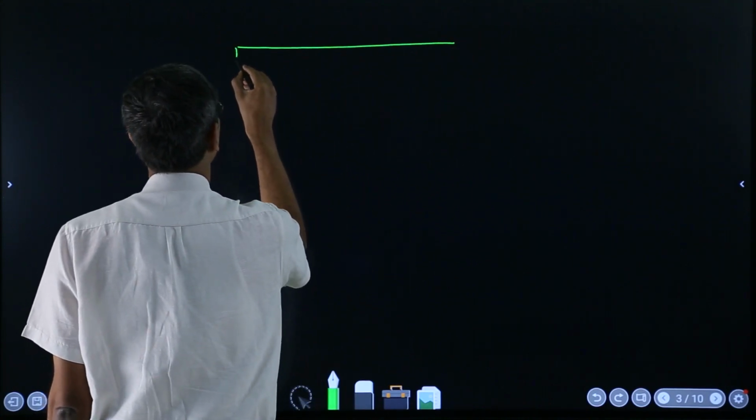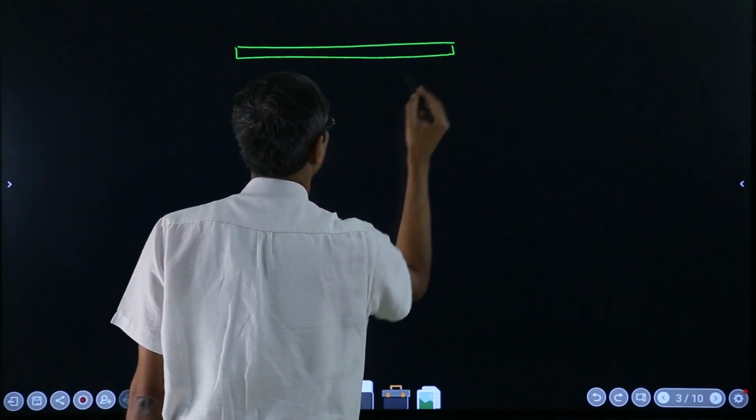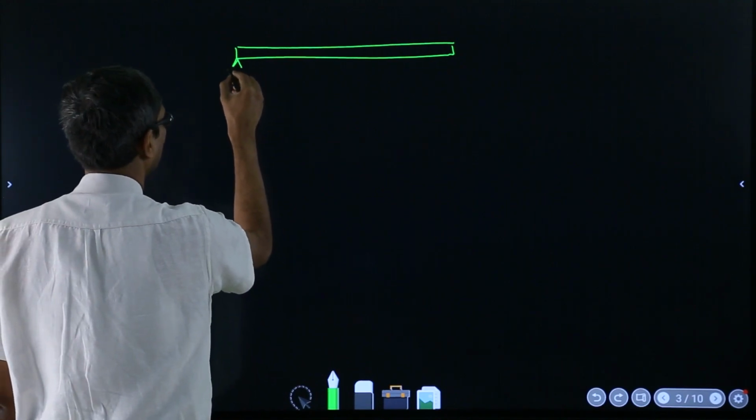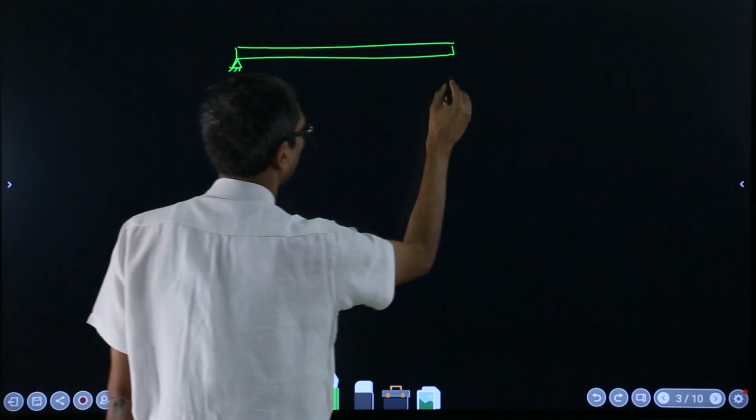Suppose this is the beam, okay, and here you have the support.